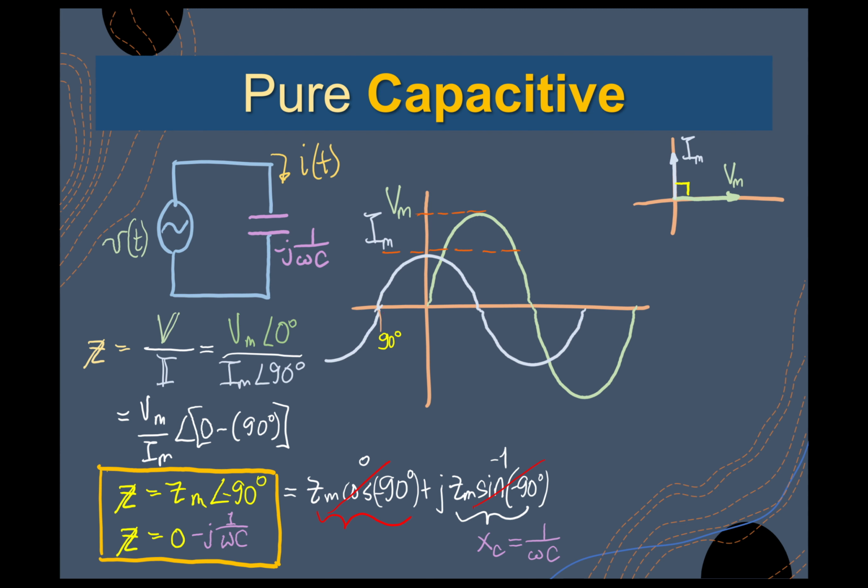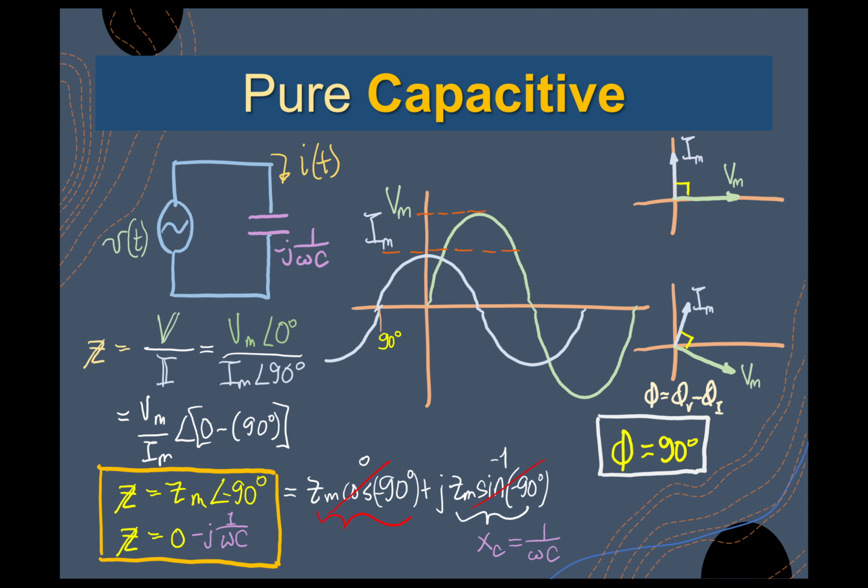So the total impedance is equal to Zm angle negative 90 degrees in polar form, and in rectangular form you have 0 minus j times 1 over omega C. Now I would like to remind you that the angles in the circuit depend on the starting point. Not all the time is the voltage at 0, but if the difference between the voltage angle and the current angle is 90 degrees, then we can call this a purely capacitive circuit.